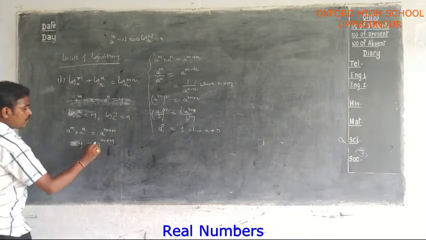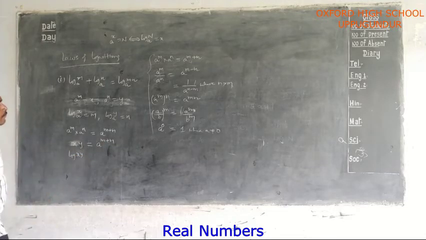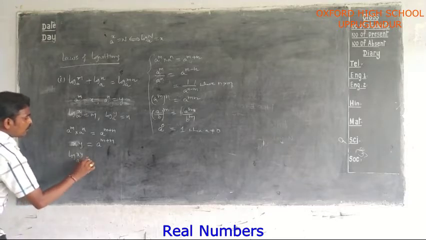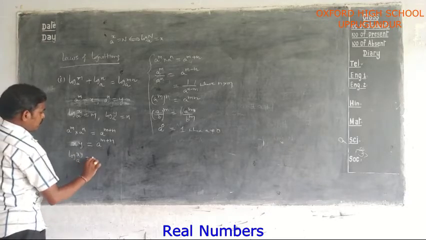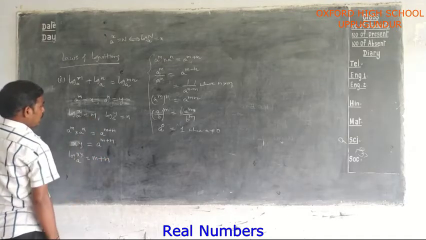So log xy to the base a equal to m plus n. So m means what? log x to the base a.